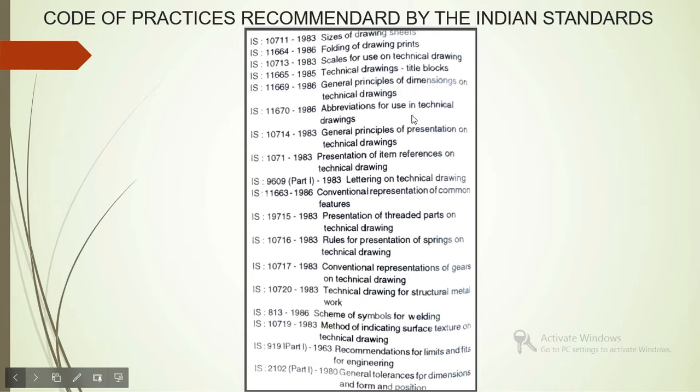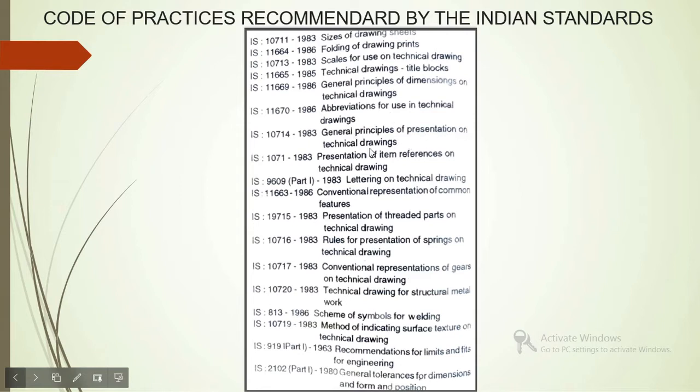Abbreviations used in technical drawings. Some short forms are used in technical drawing. Those abbreviations are available in Indian standard 11670. For example, CR stands for corner radius, and there is corner chamfer. We indicate these in a short way in technical drawings.